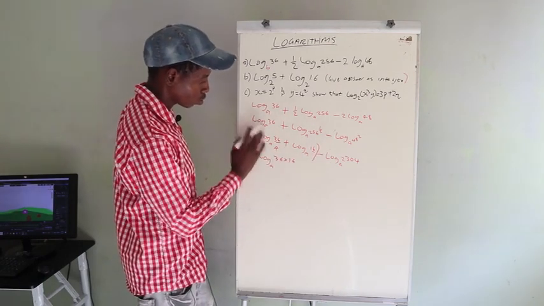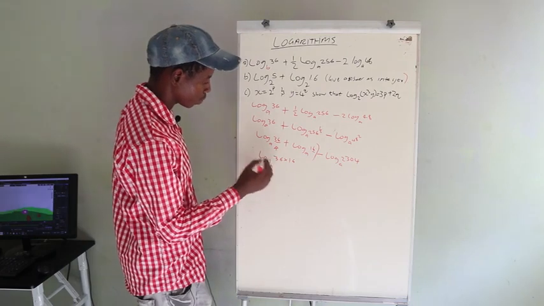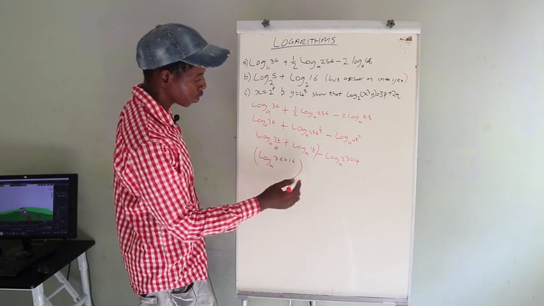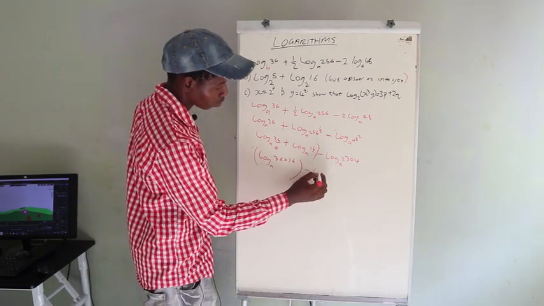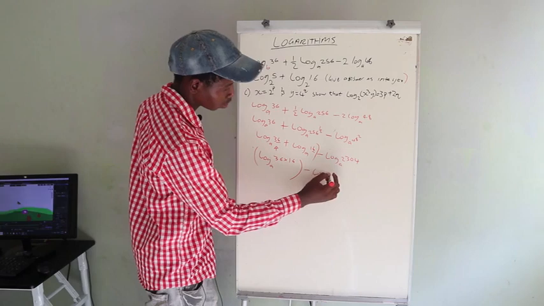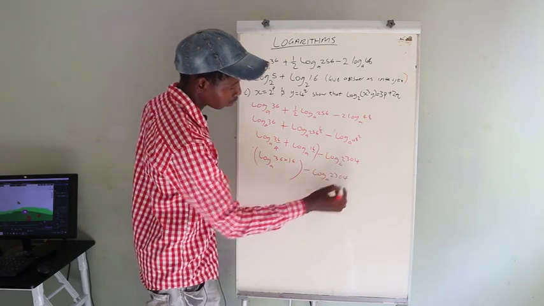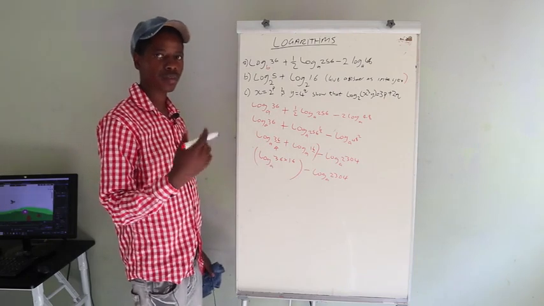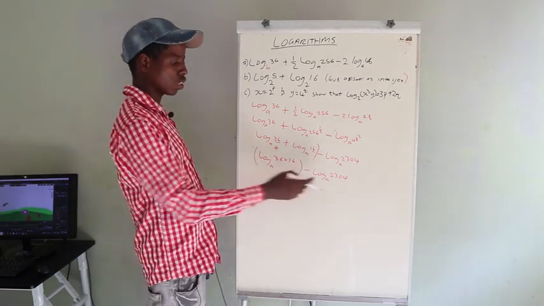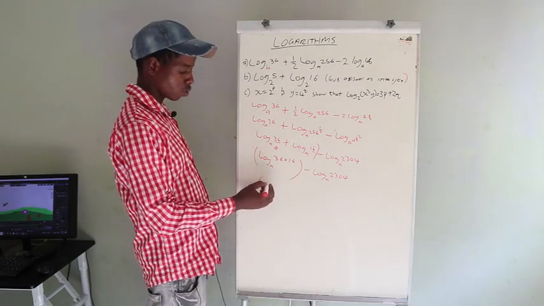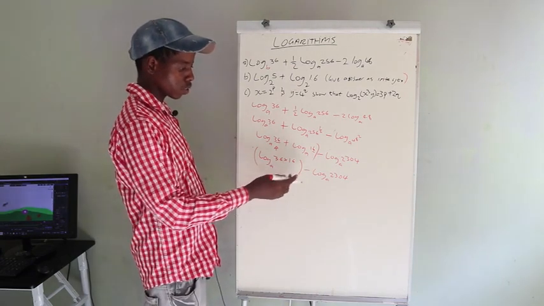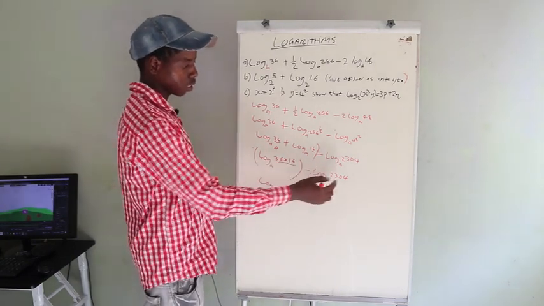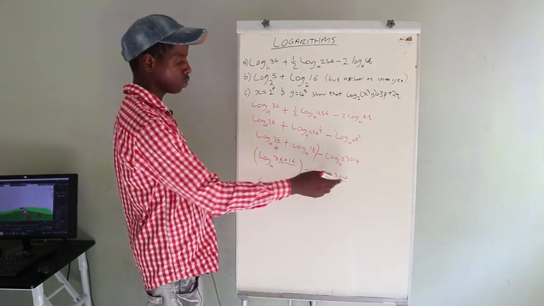Then we have the minus part: log_a (36 times 16) minus log_a 2304, right? Now we have a minus, and when we have a minus, we are going to divide. Since log_a and log_a are the same, we write log_a. With minus, we divide: we take this and this, so this is divided by this.